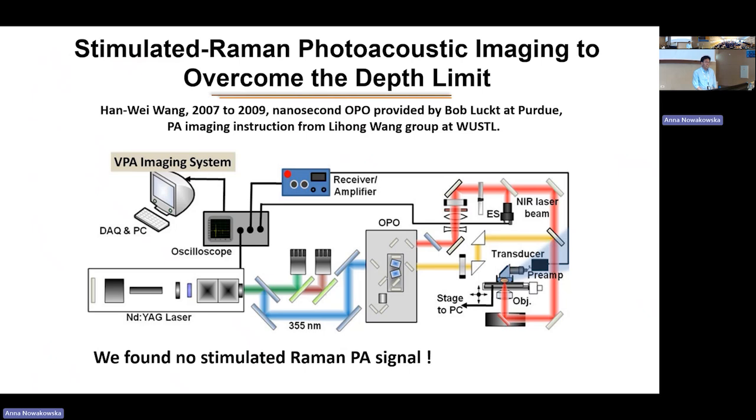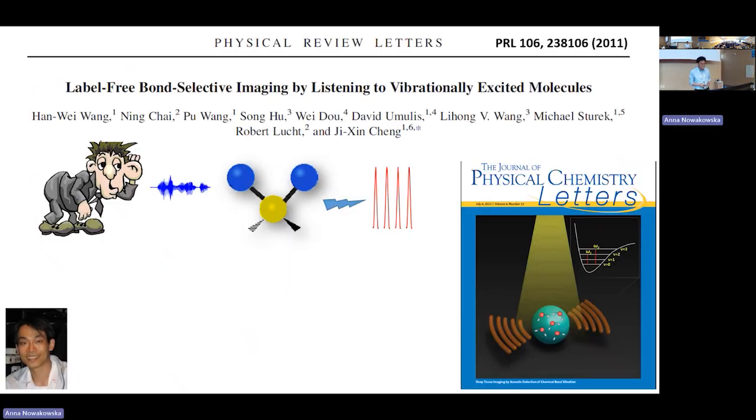And during that time, there were two groups, one Eric Potma and Sami Xie, who published the SRS microscopy, and that was the breakthrough of the field. But fortunately, the student Pu was very persistent, and one morning he made a mistake. He blocked one beam, and he told me he got a signal.